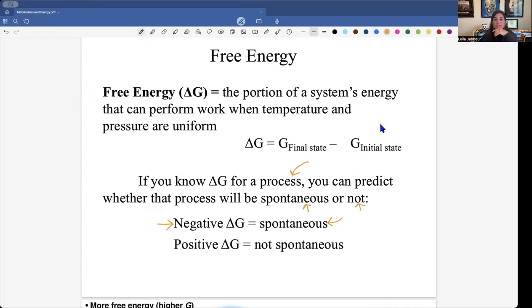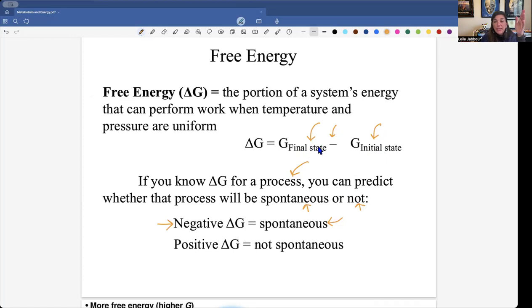Why? Because if we have more energy in the beginning, and after the transformation happens we have less energy in the end, that means there was a negative difference, right?